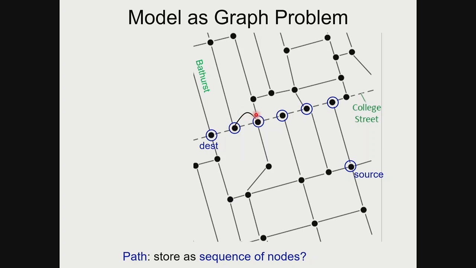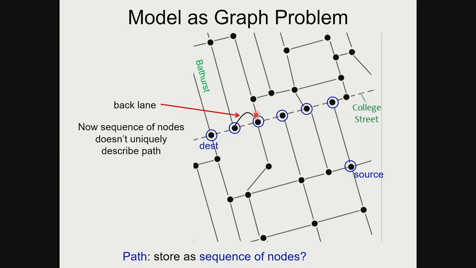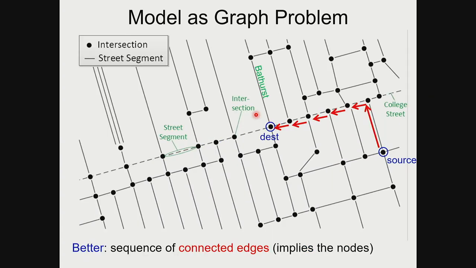And then we'll have a path that is not the optimal one. It's not the minimum travel time one. So the sequence of nodes doesn't uniquely describe the path, while if you take the street segments, it uniquely describes how to go from the source to your destination. And because we optimize our algorithm to return the minimum travel path, you're guaranteed to have that.